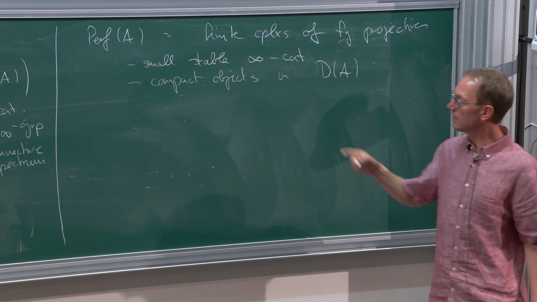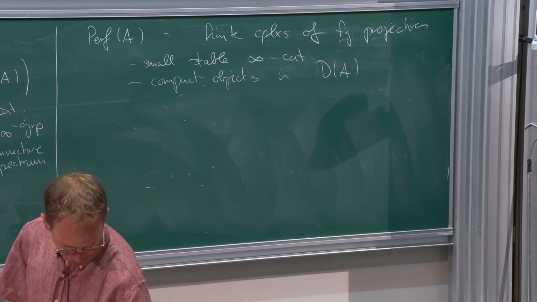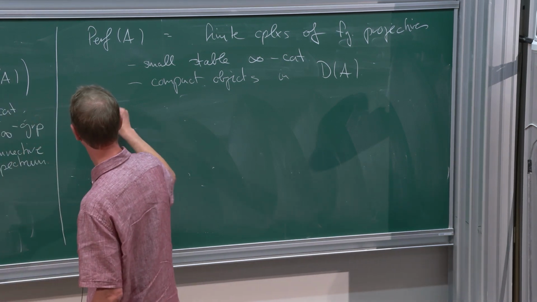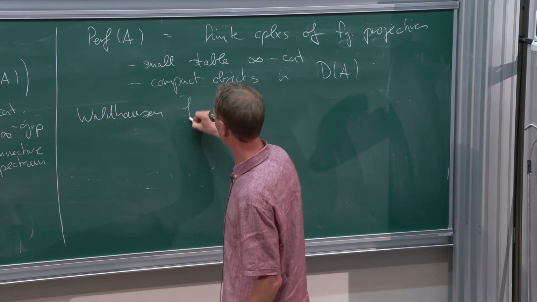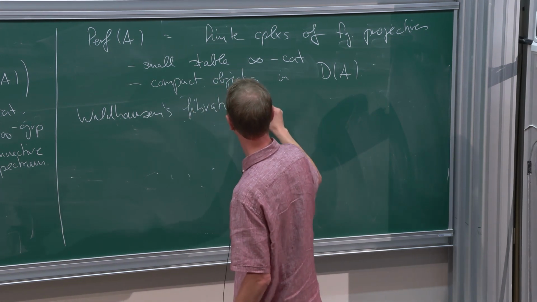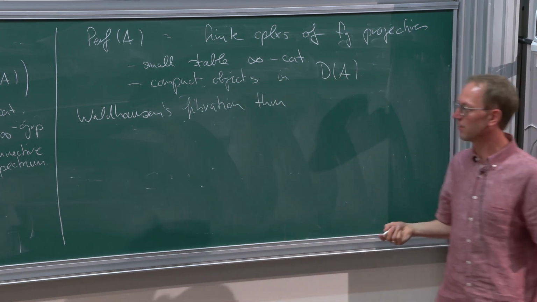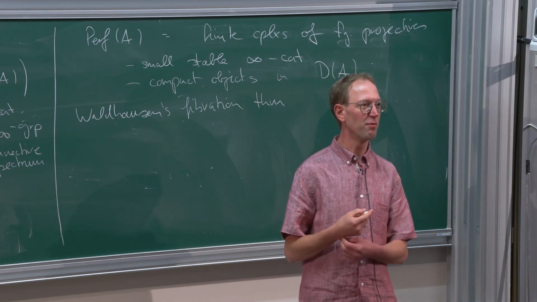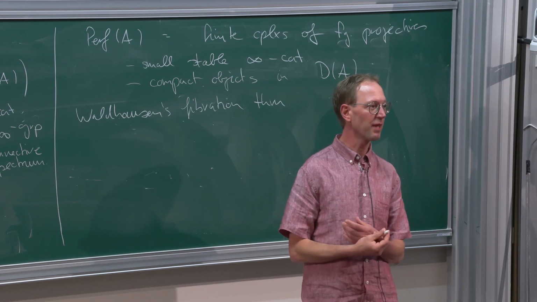The main point is that you have the so-called Waldhausen fibration theorem. Waldhausen further developed K-theory, and has an alternative definition of K-theory for so-called Waldhausen categories, and he has a fibration theorem, which gives you fiber sequences of K-theory spectra.